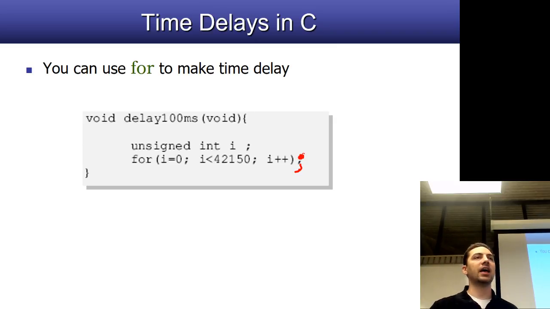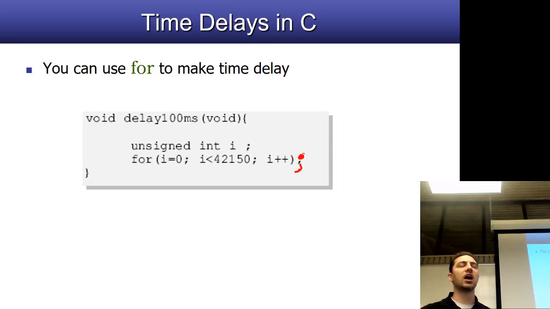We probably delayed for 1,000 and measured how long that delay was, and then figured out, okay, if 1,000 is this many microseconds or milliseconds, this is what we need for 100 milliseconds. Now, this relies on something very important. Right? When we did our analysis of time, we found how many cycles something took.